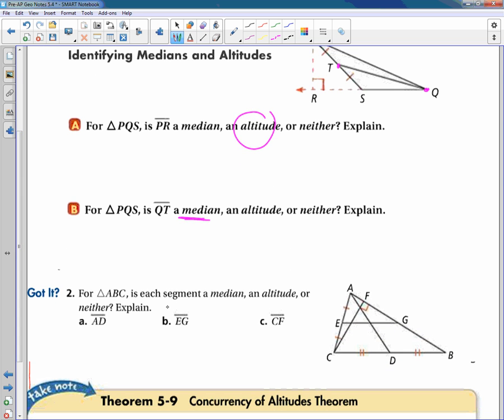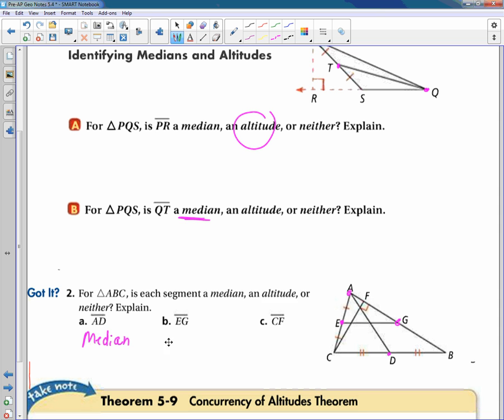So that's how we can determine those. And if we look at this one for triangle ABC, we can determine what these values are also. For AD, it goes from the vertex angle to the midpoint. So we'll say this is a median. For EG, it goes from midpoint to, I would hope, midpoint.